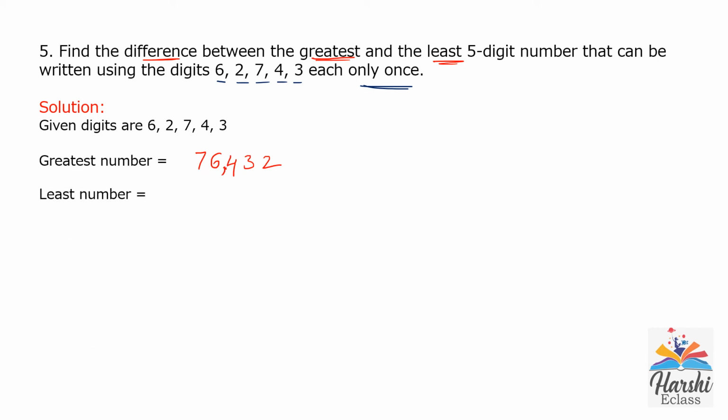And the least number, for that we will write the given digits from the least to the greatest. 2, 3, 4, 6, 7. That is 23,467. Now the difference. Find the difference between these two numbers. 76,432 minus 23,467.